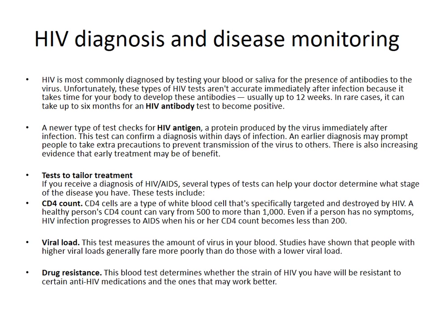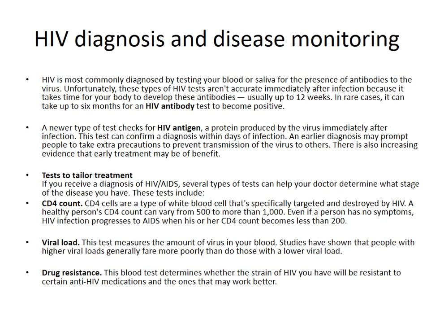That's a protein produced by the virus immediately after infection. This test can confirm a diagnosis within days of infection. An earlier diagnosis may prompt people to take extra precautions to prevent transmission of the virus to others. There's also increased evidence that early treatment may be of benefit. So test to tailor your treatment.